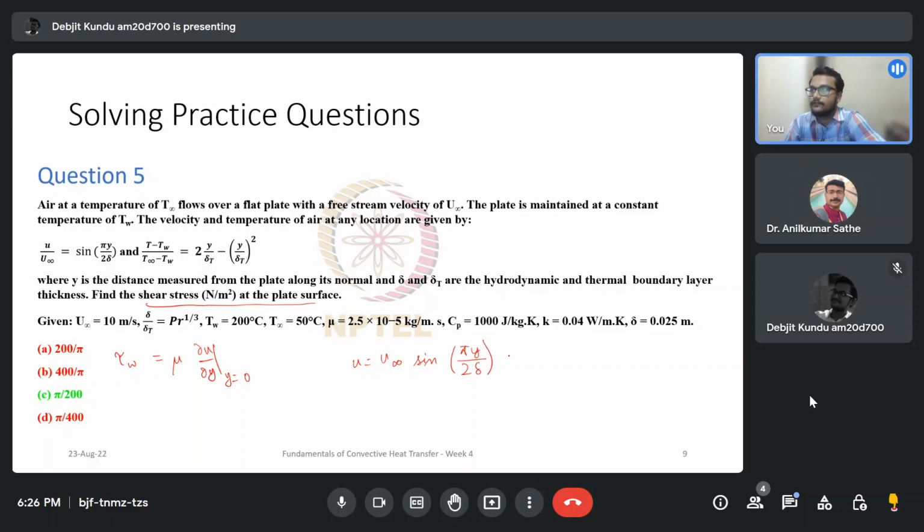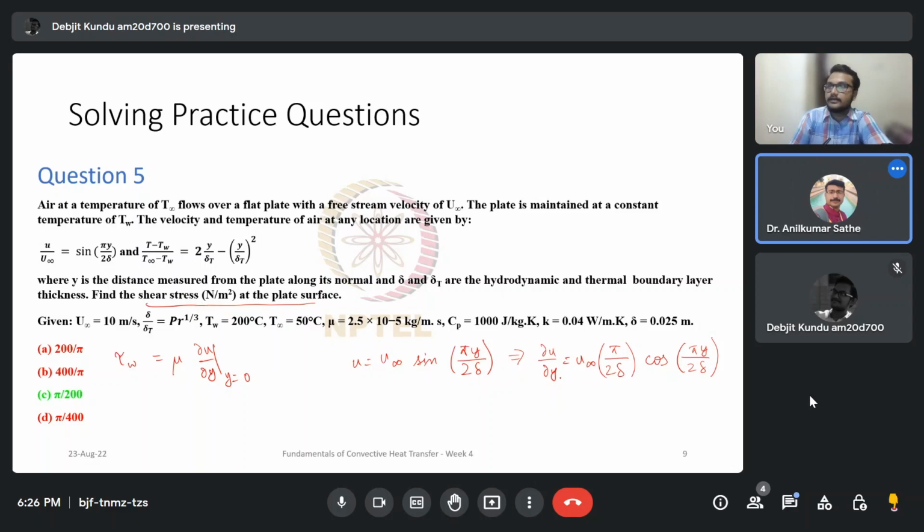So if we differentiate this, dou u by dou y becomes u infinity, all this stuff comes out, pi by 2 delta, and we get cos of pi y by 2 delta. Correct? And at y equal to 0, what happens? The argument becomes 0, so cos of 0 becomes 1. So this becomes u infinity pi by twice delta.